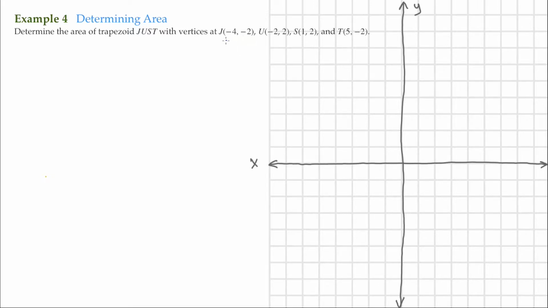So we have J, which is at (-4, -2): 1, 2, 3, 4, and down 1, 2. That's J. U is at (-2, 2): 1, 2, and up 1, 2.